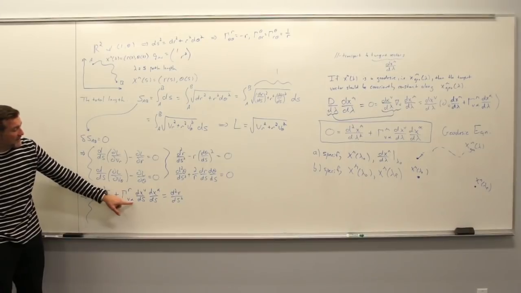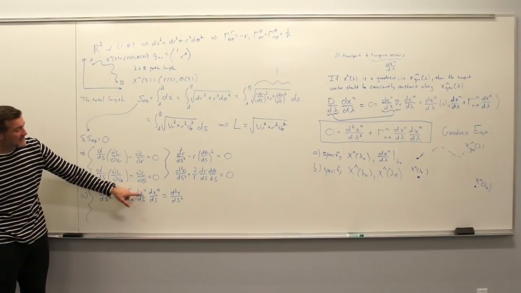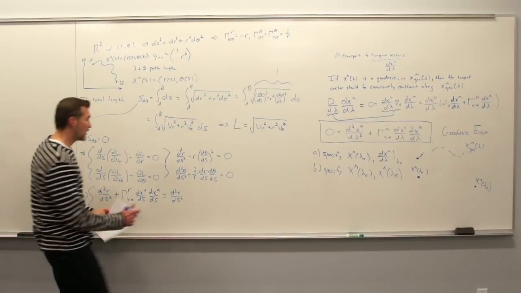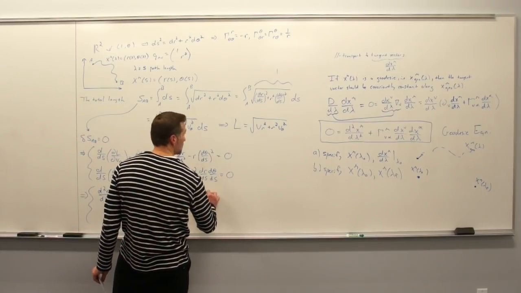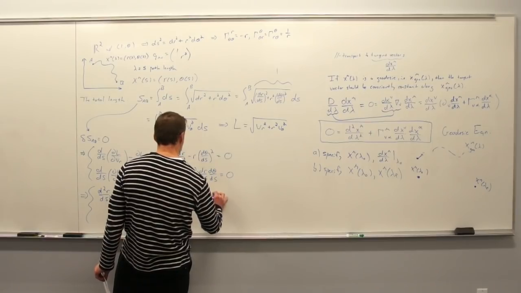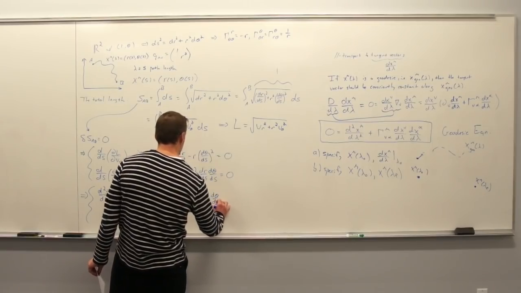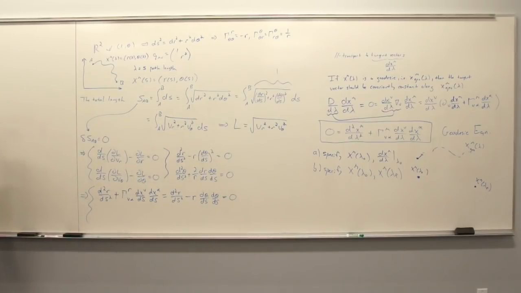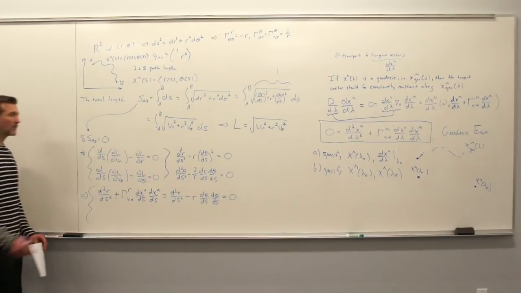So these two have to be theta, theta. That means this is d theta ds squared, and then I can substitute in minus r. And that's equal to 0, and wow. It's exactly what we got here.